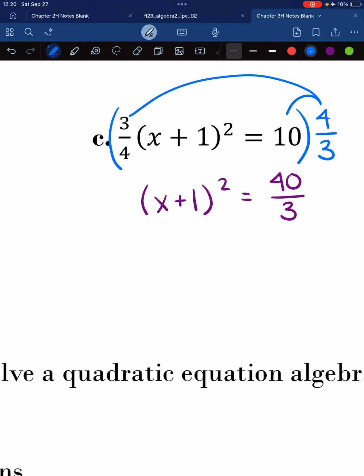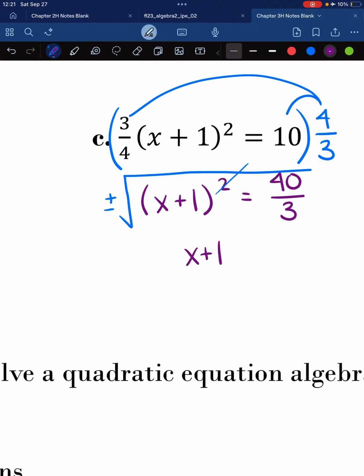Okay, notice normally I would say like we have to get rid of the plus 1, but it's inside parentheses, right? The parentheses are almost protecting what's inside of it, and we need to get rid of this squared first. There we go. Okay, so at this point, I'm going to go ahead and take the plus or minus square root of both sides. That square root and the squared are going to cancel each other out.